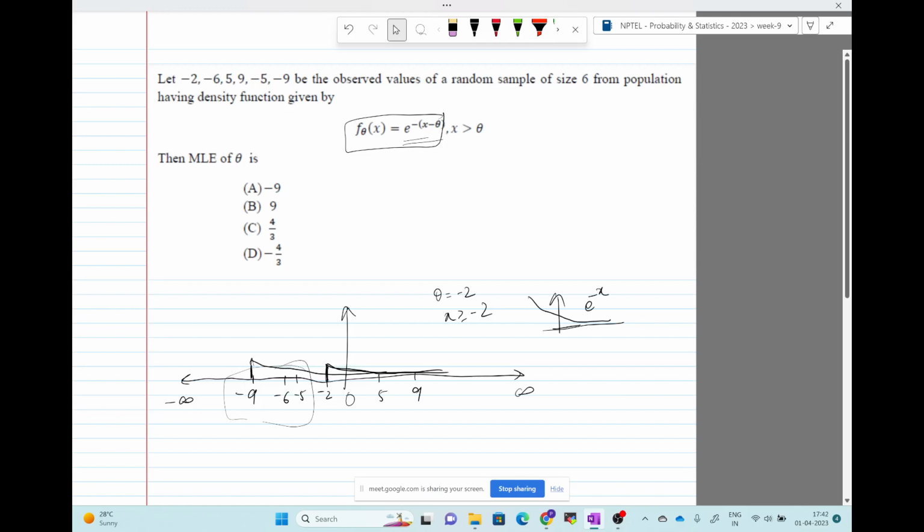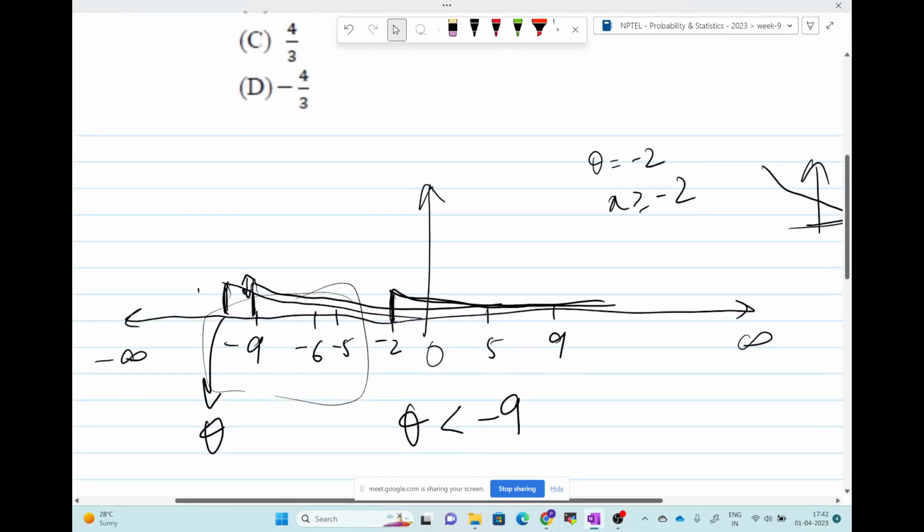If you go beyond this, then for theta less than minus 9, the probability of all the samples, minus 9, minus 6, minus 5, everything decreases by this much.